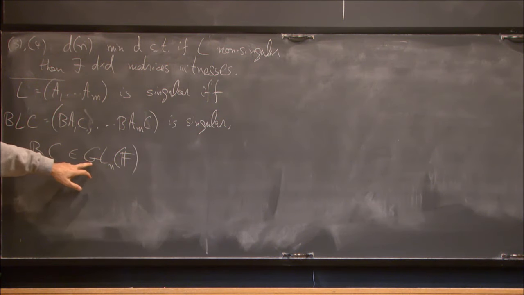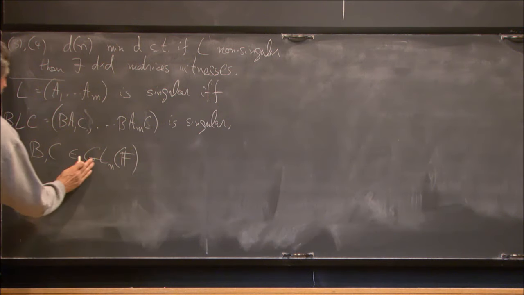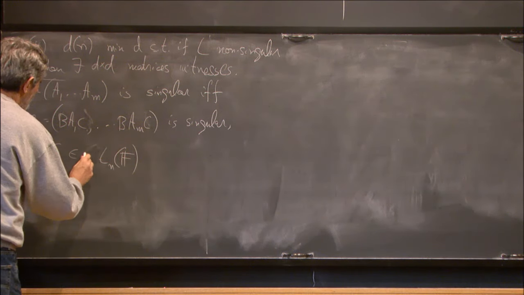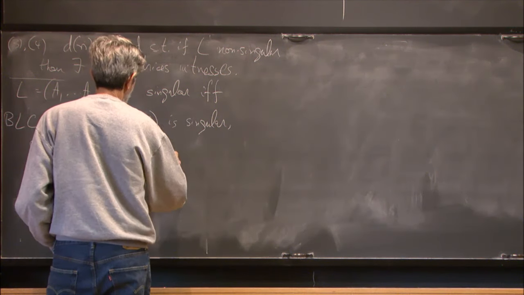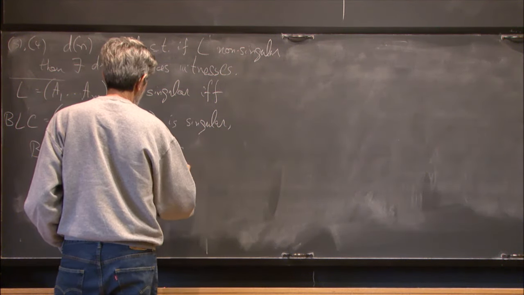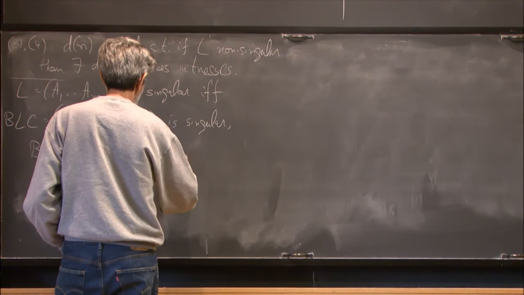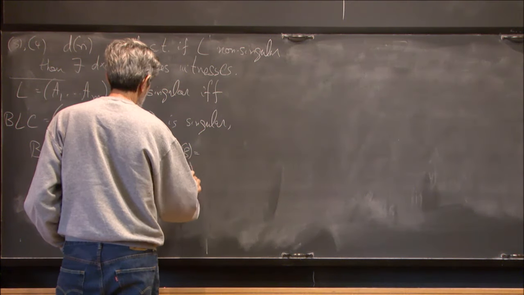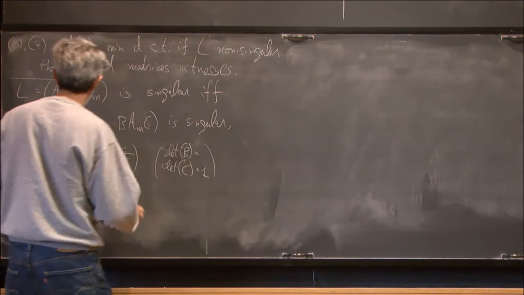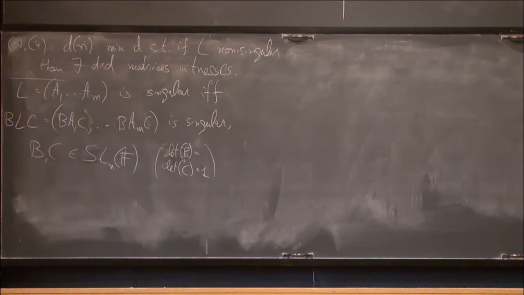This is the set of all invertible matrices over the field, okay? But it will be more convenient for me to look only at matrices of determinant 1. It doesn't matter for what we need, but it's more convenient from the invariant theory point of view.